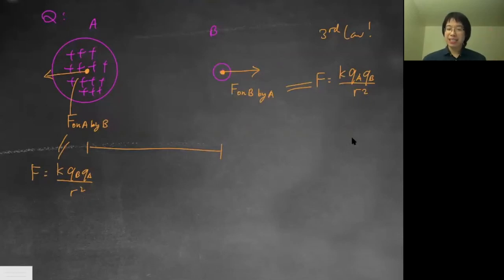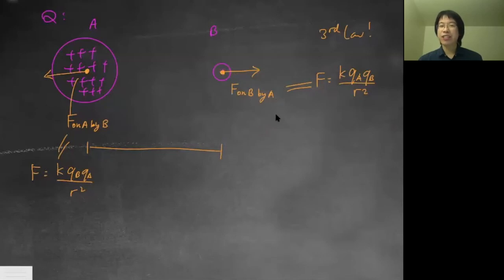Now, this leads us to the question. This seems very confusing. Yes, I understand the theory now, but it's not very intuitive. If I want to know which one is stronger, which one has a bigger electrical influence, clearly A is more influential electrically than B. But force is quite a poor quantity if I want to tell that, because no matter what I put here, the force on A by B is the same.